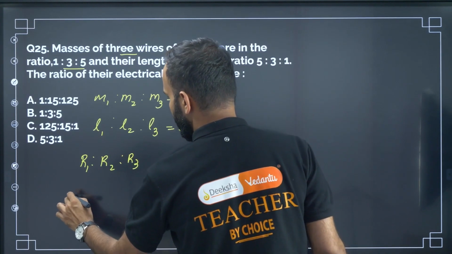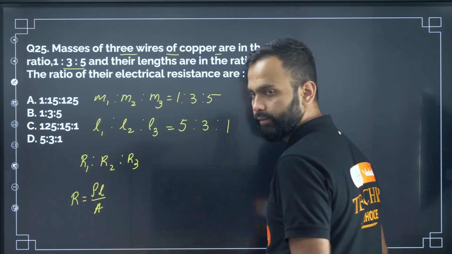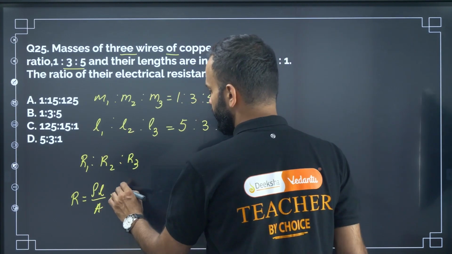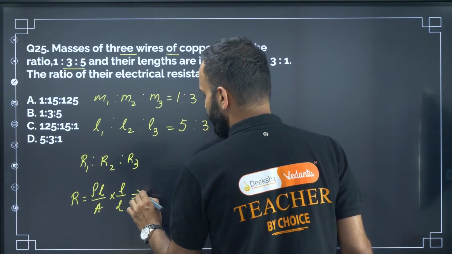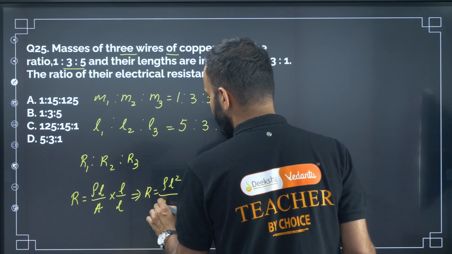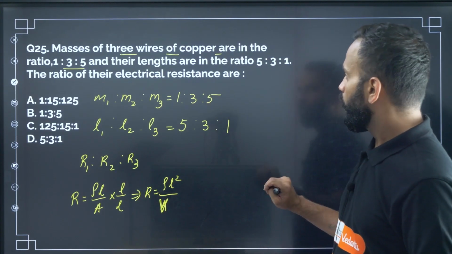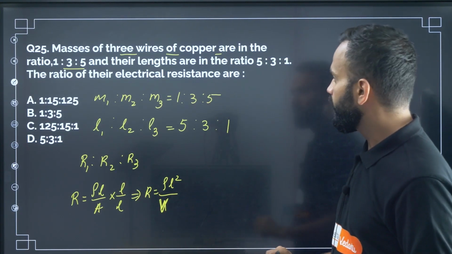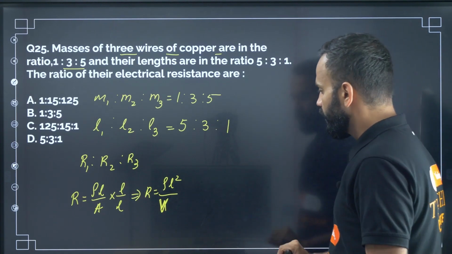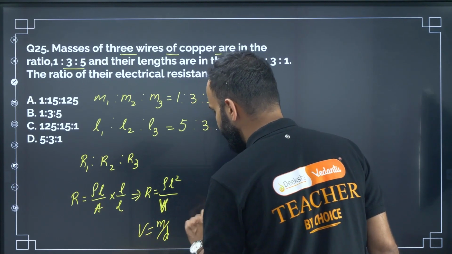So we know that electrical resistance R equals rho L divided by A. Now multiply and divide by L. Now we get R equal to rho L square divided by V. What is V? V is the volume of the copper wire. So volume V equals mass divided by density d.